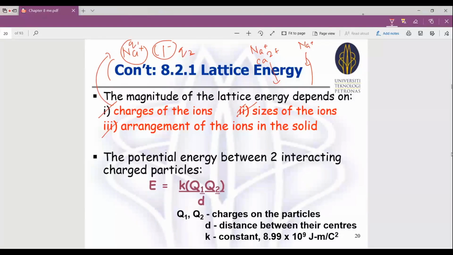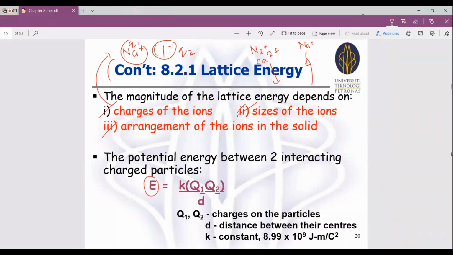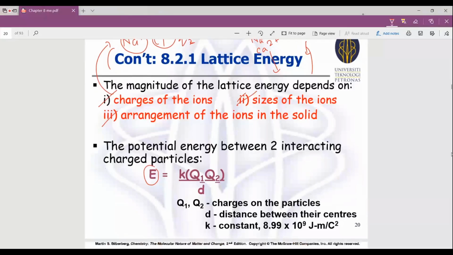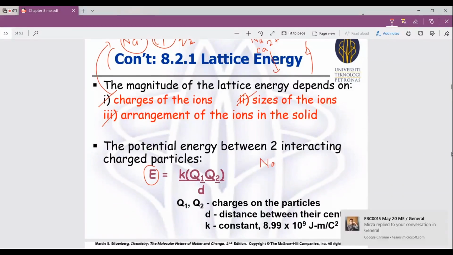So the potential energy E, we can calculate between two charged particles, for example Na plus and Cl minus. We can use this formula: E equals K Q1 Q2 over D. D is the distance between their centers, like in NaCl, the distance between Na and Cl.